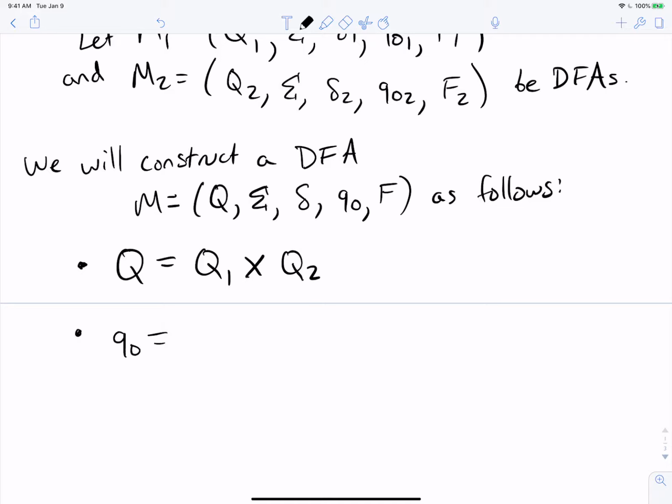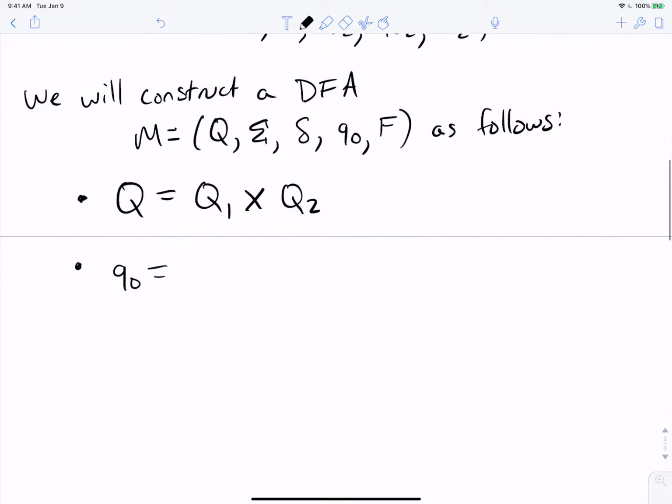I can name the states however I want to. So I'm just calling the name of a state an ordered pair. It's just the name of the state. It doesn't actually carry any real meaning. So the start state must be an ordered pair because every state in this machine is an ordered pair.